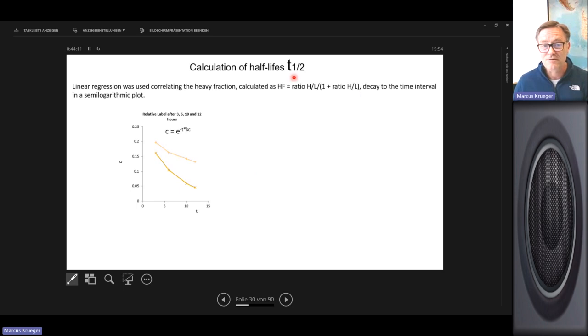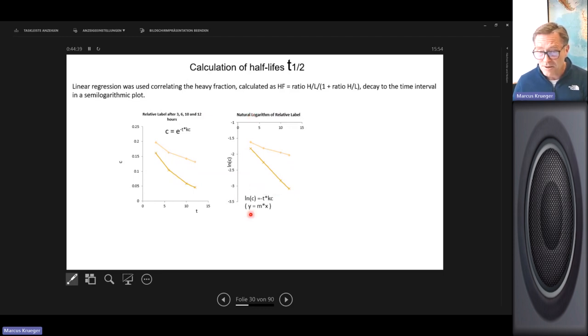We calculated the heavy fraction with this formula here, just by dividing the measured heavy to light ratios to get the decay of these proteins over time, right? And this resembles this exponential equation here. And this is the time after 3, 6, 10, and 12 hours, so relatively short after the injection. And then of course, you can logarithmize this relative labeling to get this formula here, right?